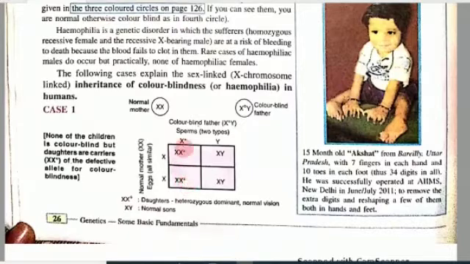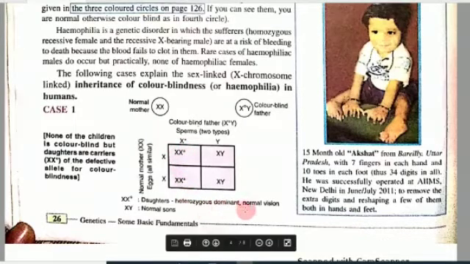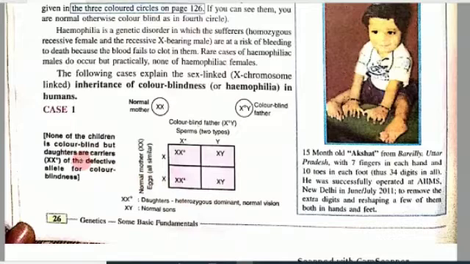The daughters are carriers of the defective allele for color blindness, but both sons will have normal vision. This is case 1, color blind father and normal mother.